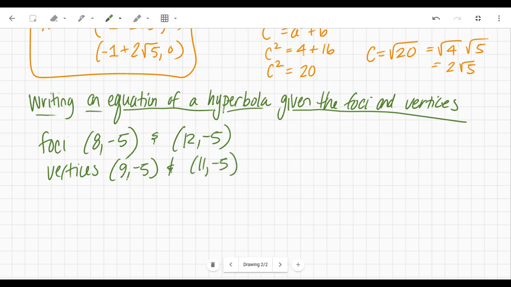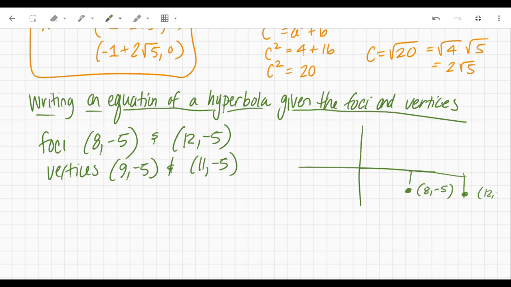Okay, so it's always a good idea to kind of sketch that out. Just a sketch. Okay, so 8, -5, and way over here, 12, -5. There's your foci. Okay. The vertices are at 9, -5.